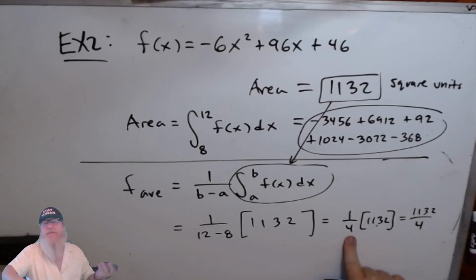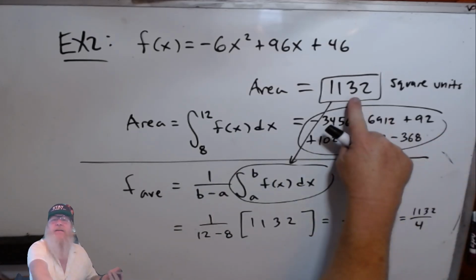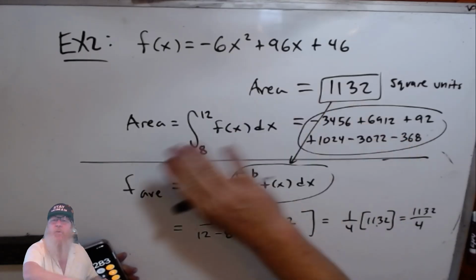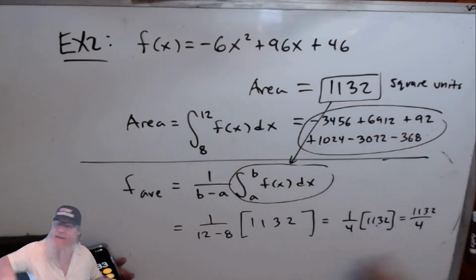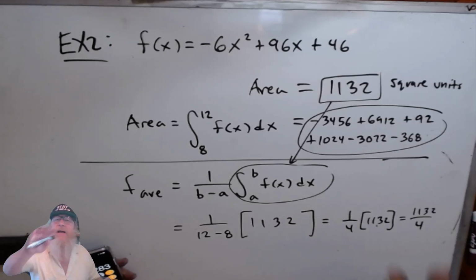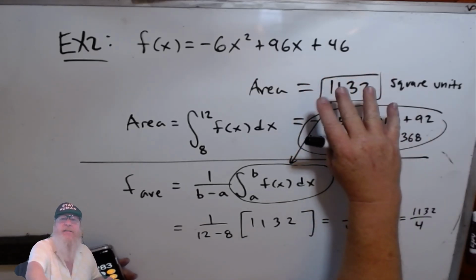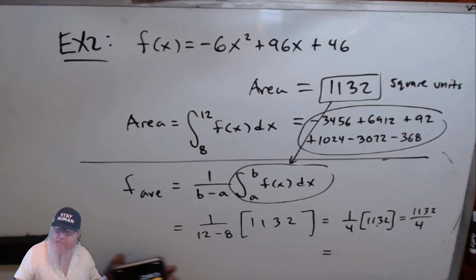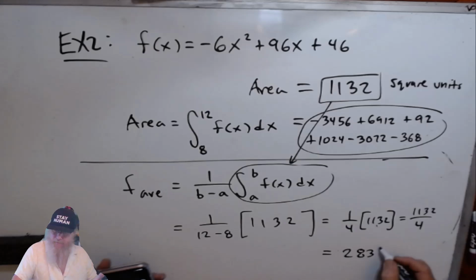Now, I could have done the 1/4 a long time ago and not even written down the 1132, but there are some questions that ask for both. So you don't want to skip over this and then have to backtrack to find it. So I always find the area first. I think about it, make sure it's right, and then I find the average value, which is 283.